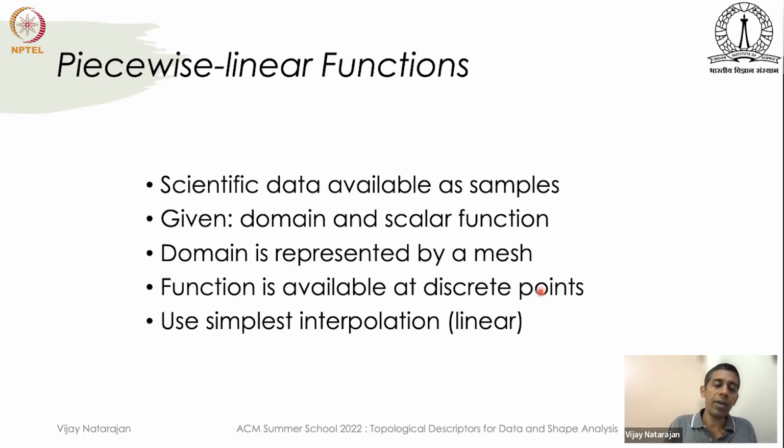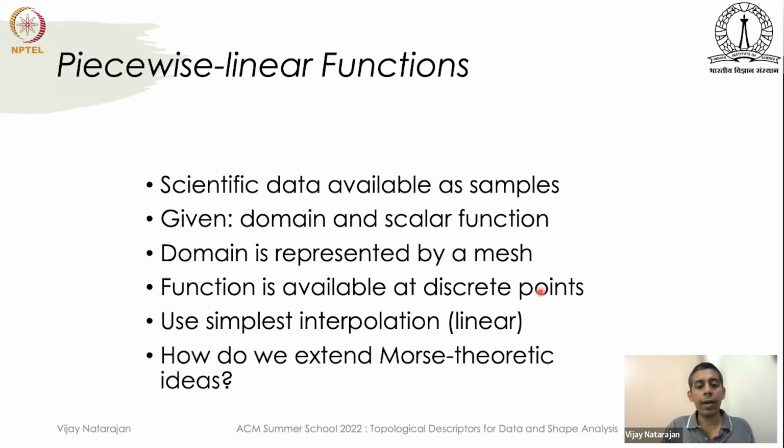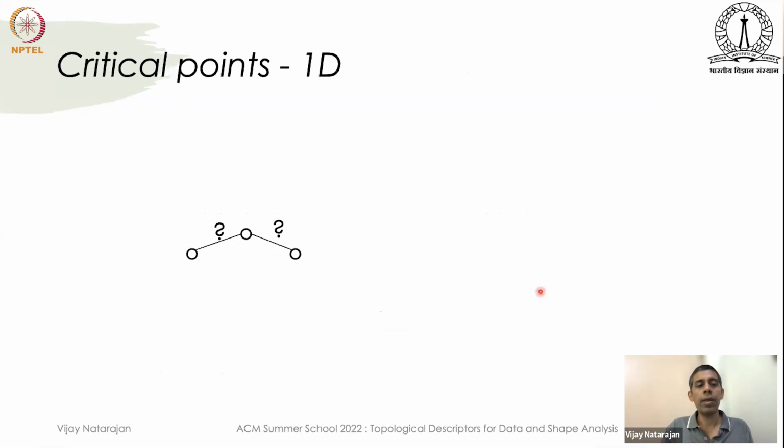The ideas that we talked about, Morse theory and so on, have to be transported to the piecewise linear setting. This is possible. There are nice intuitive ways by which you could move those ideas to the piecewise linear setting, and then design algorithms.